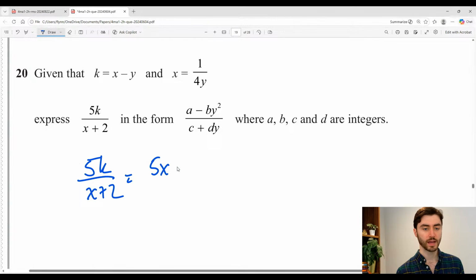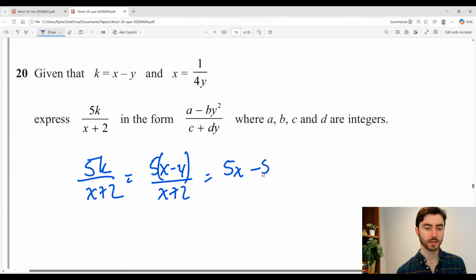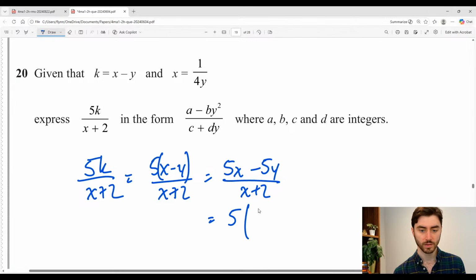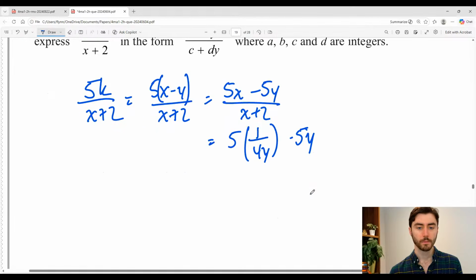So that's 5x minus y over x plus 2, which is 5x minus 5y all over x plus 2. And now we can substitute in for x. So that's 5 times 1 over 4y minus 5y, all over 1 over 4y plus 2.